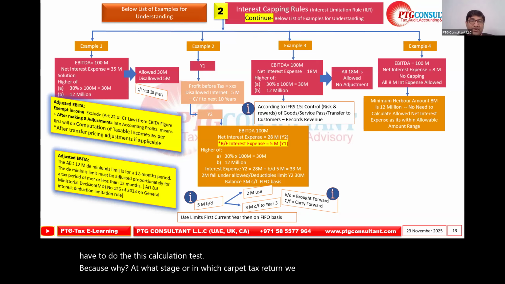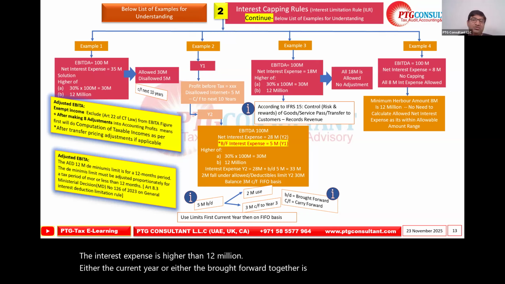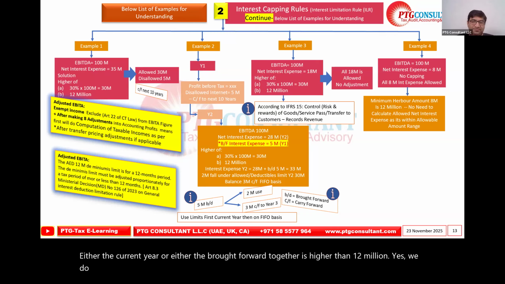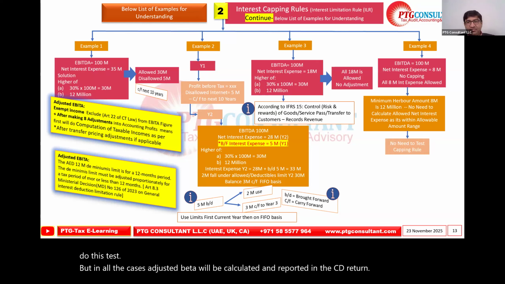Where the interest expense, either the current year or the brought forward together, is higher than 12 million. Yes, we need to do this test. But in all cases, adjusted EBITDA will be calculated and reported in the tax return. No need to test the interest capping rule.